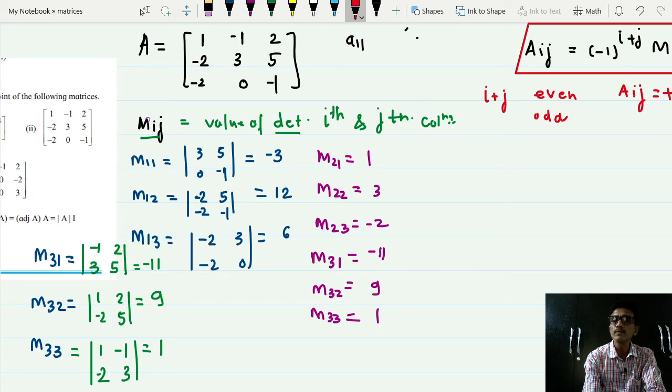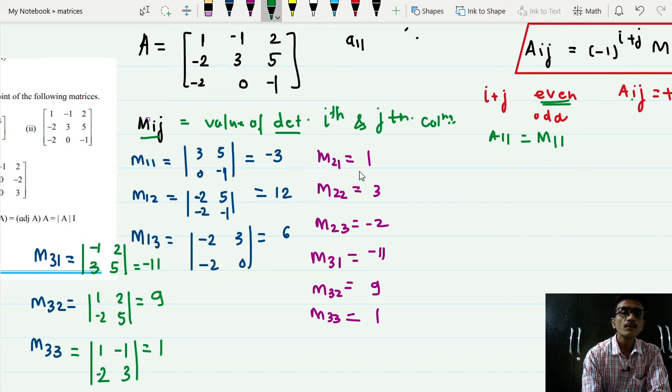That means Aij will be equal to minus of Mij, cofactor. So let us do this. A11 is equal to M11 because 1 plus 1 is 2 and that is even. Therefore A11 is equal to M11, which is equal to minus 3. There will be no change in sign.